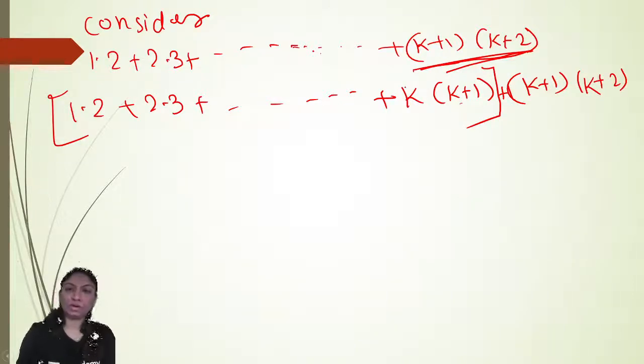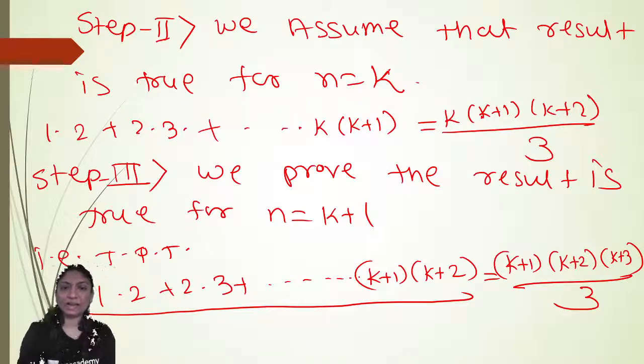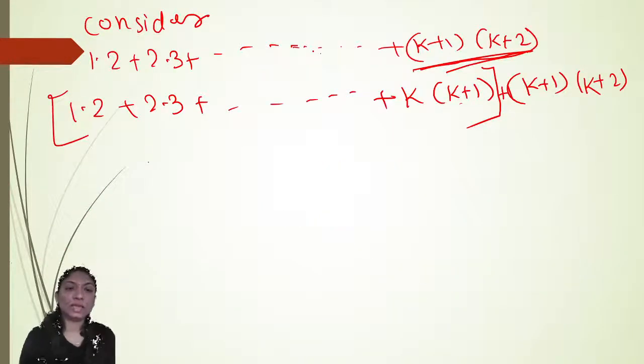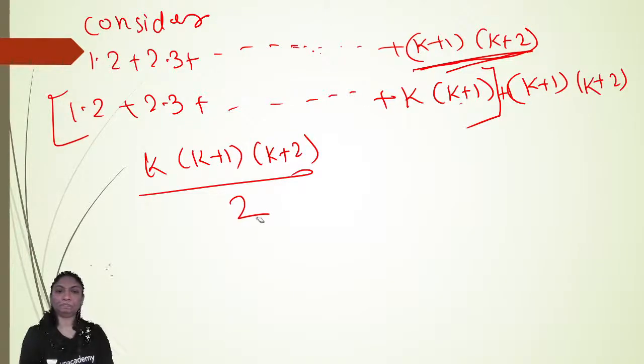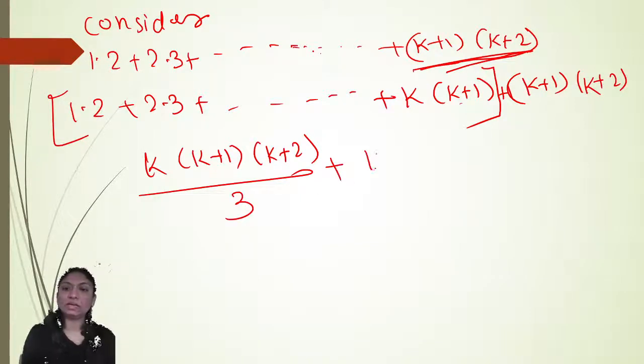So instead of this step, can I write this as k into k plus 1 into k plus 2 by 3, as the result holds for n is equal to k. So here k into k plus 1 into k plus 2 by 3, we can write k into k plus 1 into k plus 2 by 3 plus k plus 1 into k plus 2.